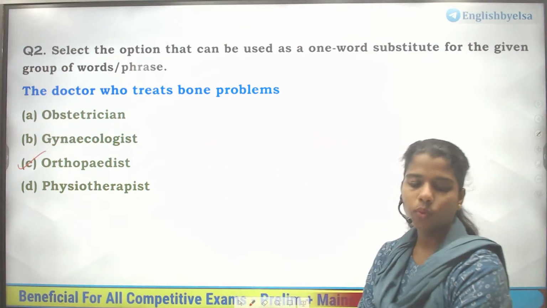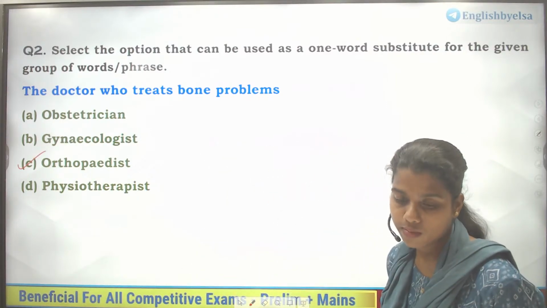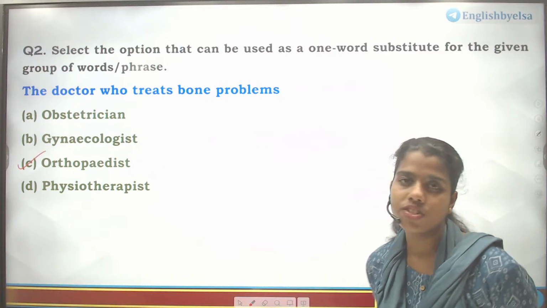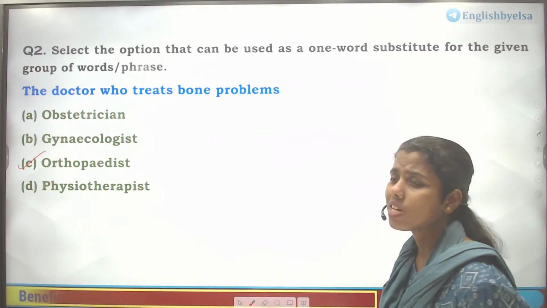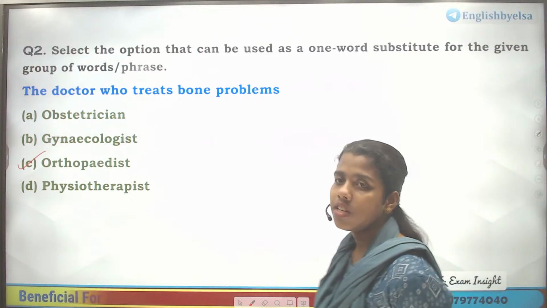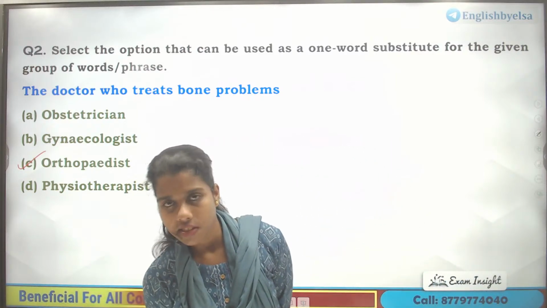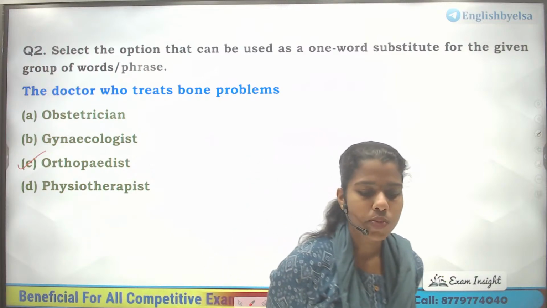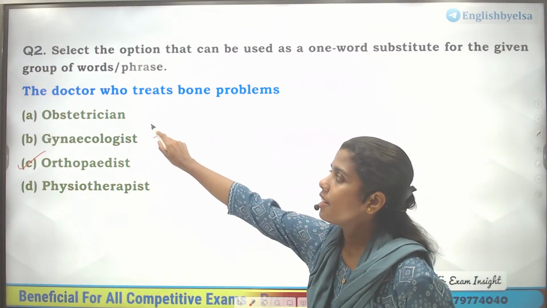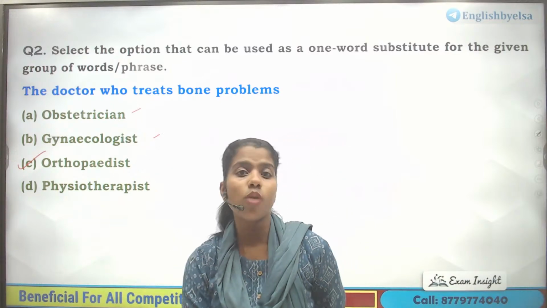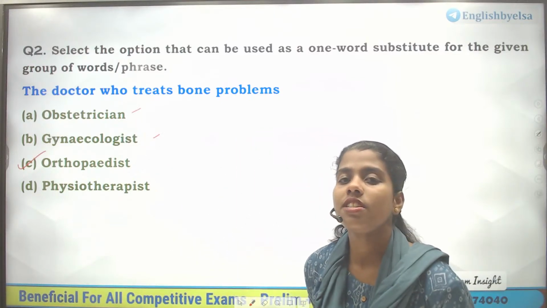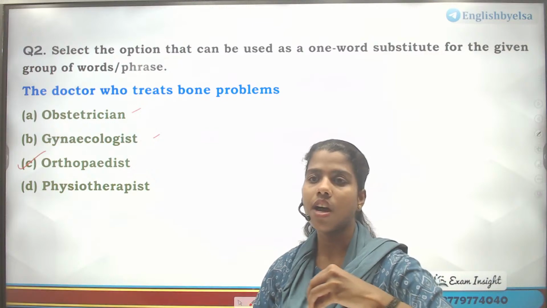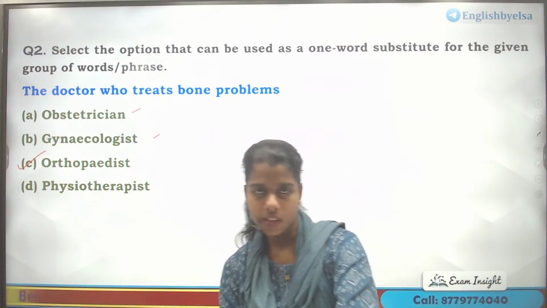That is a doctor who looks after bone problems. Other options, gynecologist, you know, who looks after diseases related to women or girls, especially when it is related to the reproductive system. That is what you mean by gynecologist. Difference between gynecologist and obstetrician: obstetrician is a doctor who looks after pregnant women.